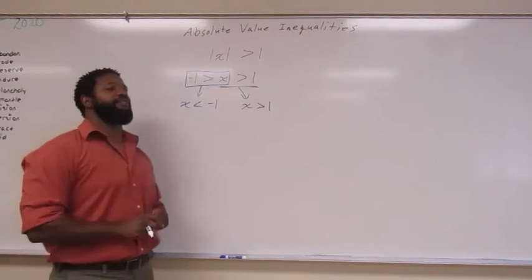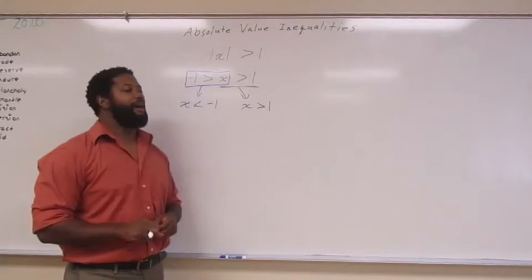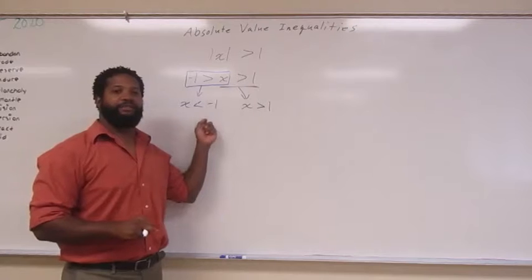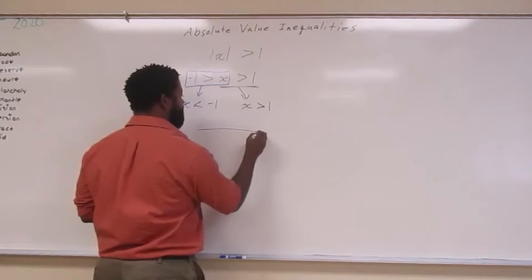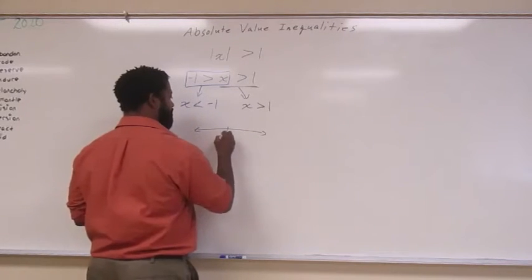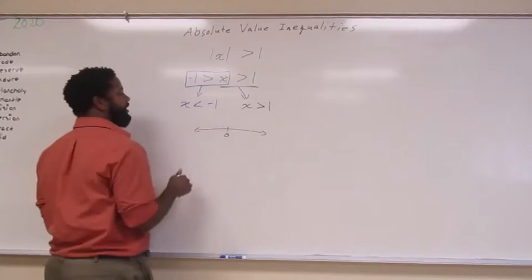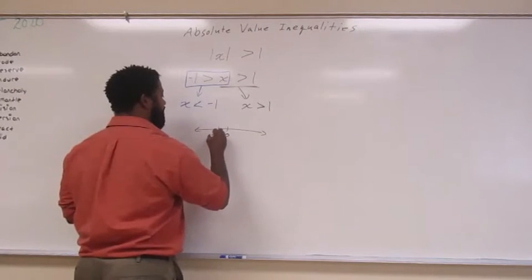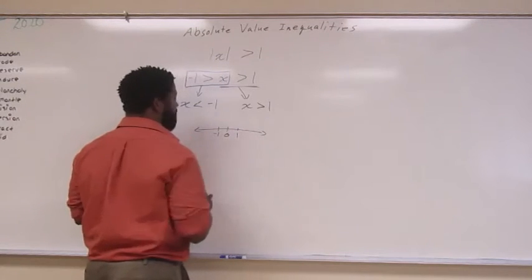You don't necessarily have to put and or. I don't necessarily care. I care that your answers are correct. So if you were to put this on a graph, you clearly have a negative 1 on this side, and a 1 on this side.